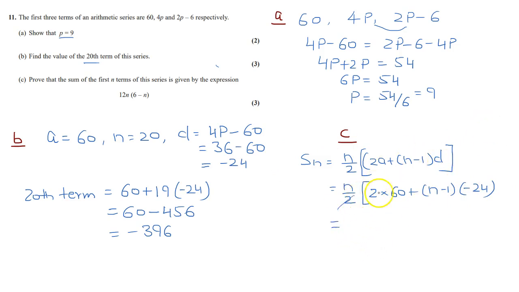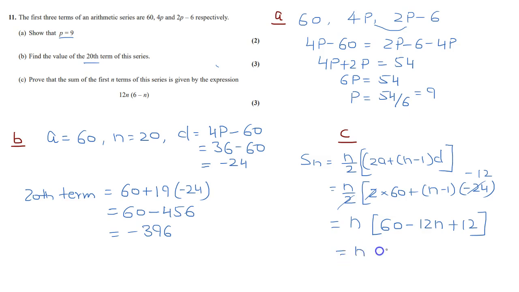We can cancel by 2. This is minus 12. So it will be n over 2, no, this 2 is not there now. We have already cancelled this 2. So this is n times 60 minus 12n. Minus 12 times 1 is plus 12.